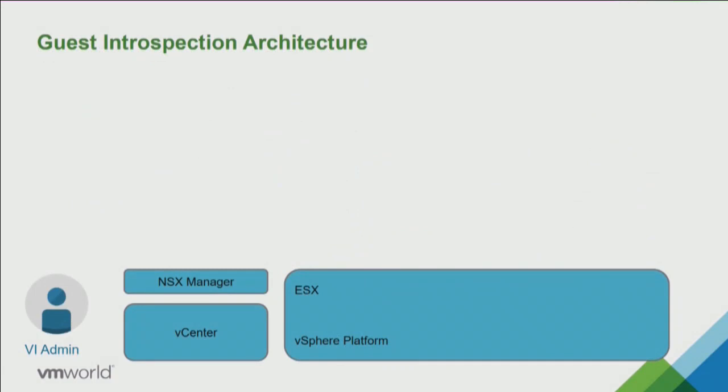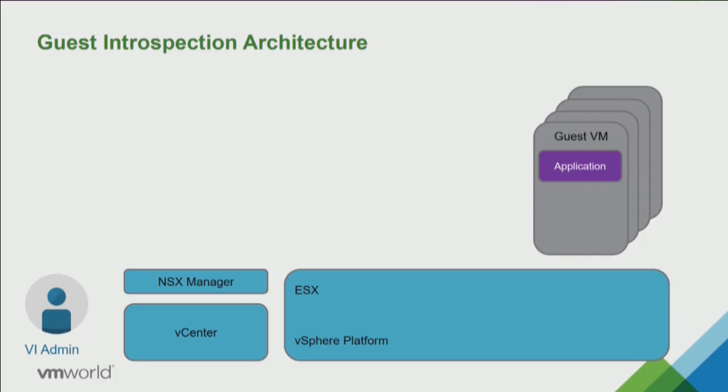So let me talk a little bit about how this is built. This isn't quite as detailed as Vinay's slide, so bear with me if it doesn't have as many moving parts. When we talk about the architecture here, on the right-hand side we have our ESXi hypervisor and our managers: NSX Manager and vCenter.